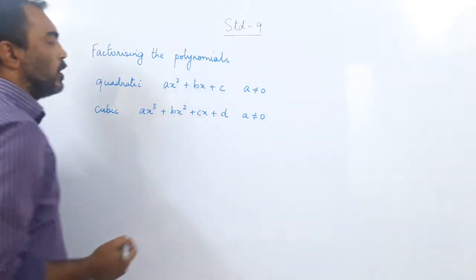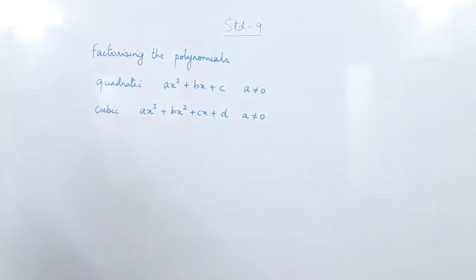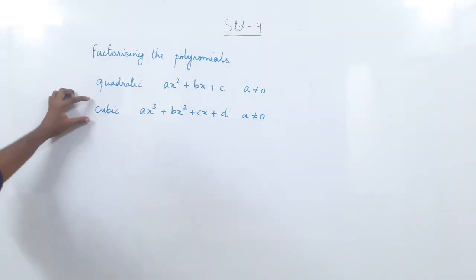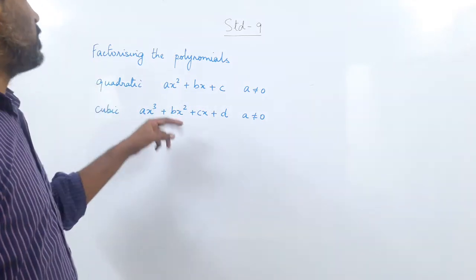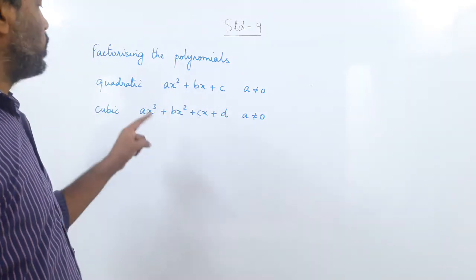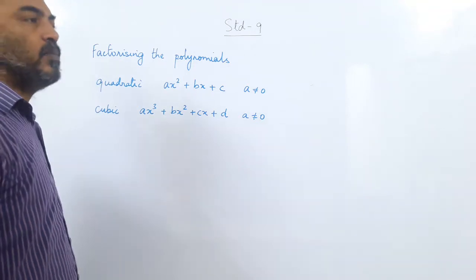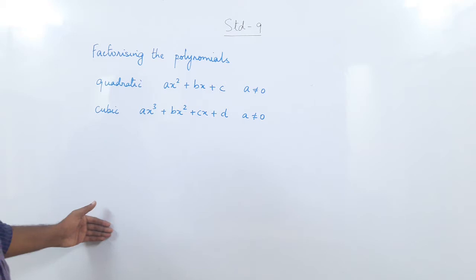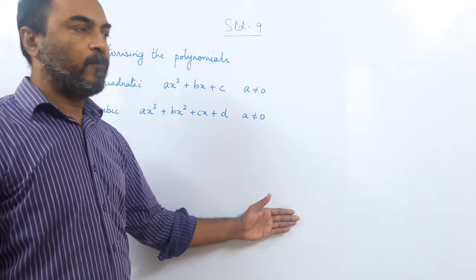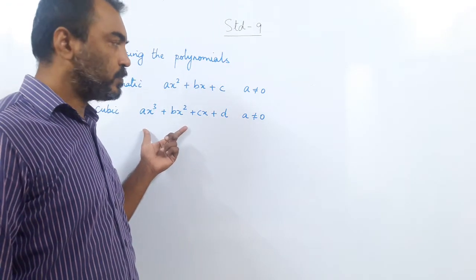Okay, so a cubic polynomial, and we saw that to solve a cubic polynomial, 3 steps are needed because there is no direct method like splitting the middle term. First, we use the factor theorem or remainder theorem, that is a trial and error method, to find which gives a remainder 0. So we find the first factor.